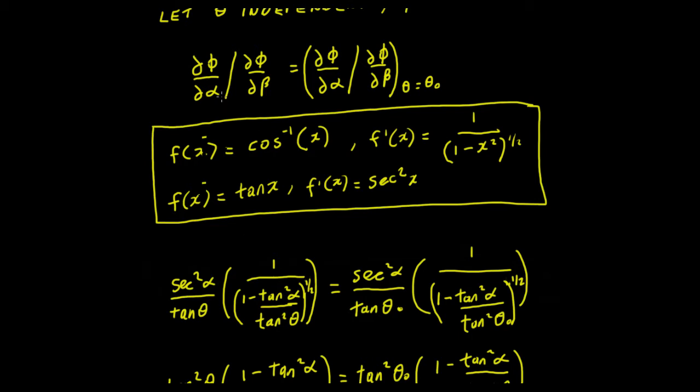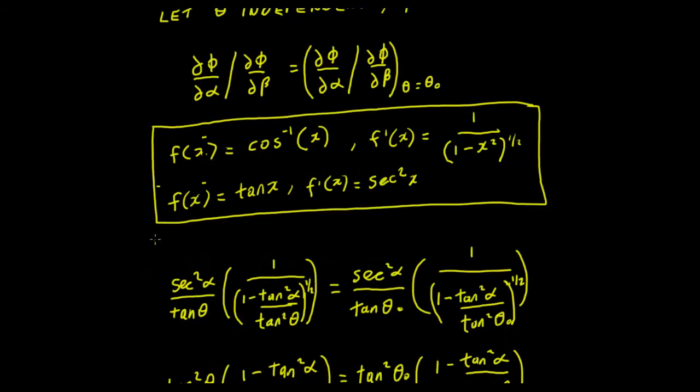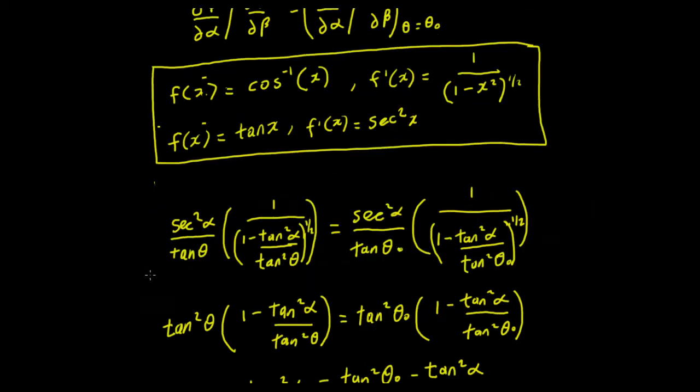Whenever we differentiate partial phi by partial beta, you're just going to have the beta term, because partial beta upon partial beta will just be 1. It's the same on the other side as well. The only difference is we're replacing theta with theta naught. So you end up with this equation here.